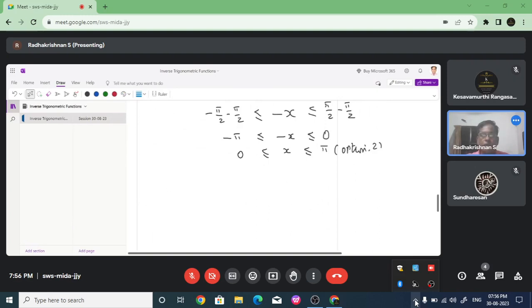6. If sine inverse of x plus sine inverse of y plus sine inverse of z equal to 3 pi by 2. You start thinking. Okay. So then you will determine something.